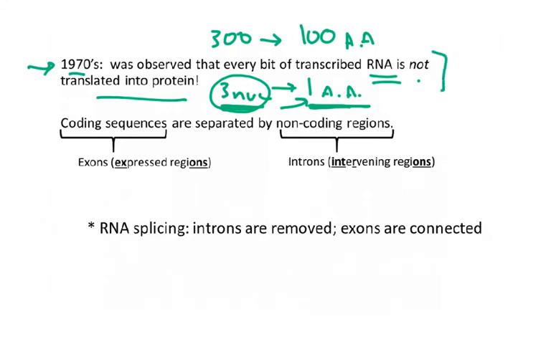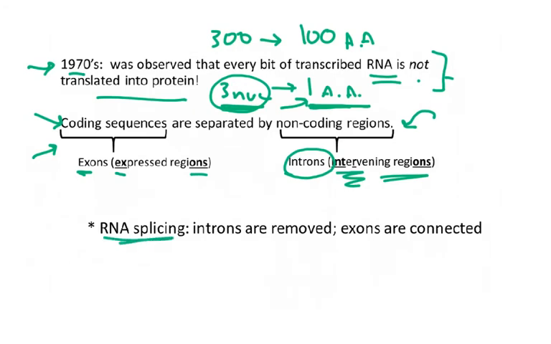So this was a discrepancy, and it got sorted out when we realized that there are parts of the DNA that become RNA that are considered coding sequence, and there are other parts that are actually non-coding. These intervening non-coding regions are called introns. The useful coding regions are called exons because they're the expressed regions. And so something we have to talk about is RNA splicing.